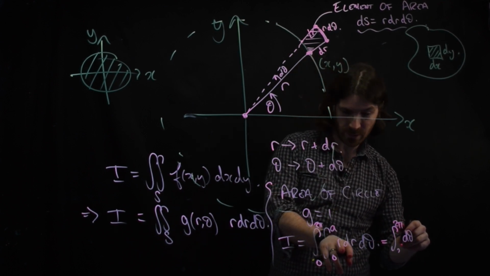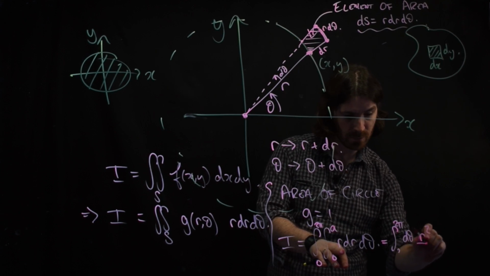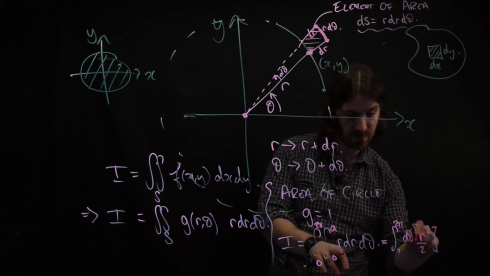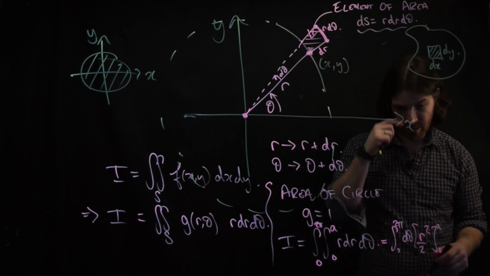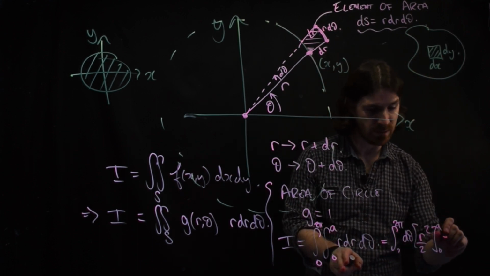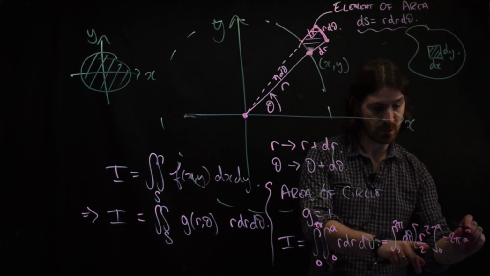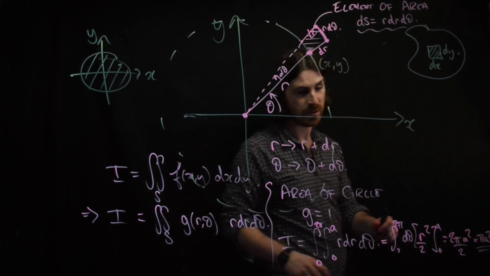We do the integral of r dr, which is r squared over 2, and we evaluate that between 0 and a. Now the integral over d theta between 0 and 2 pi just gives us 2 pi. So this is equal to 2 pi a squared over 2, which is pi a squared, the area of a circle.